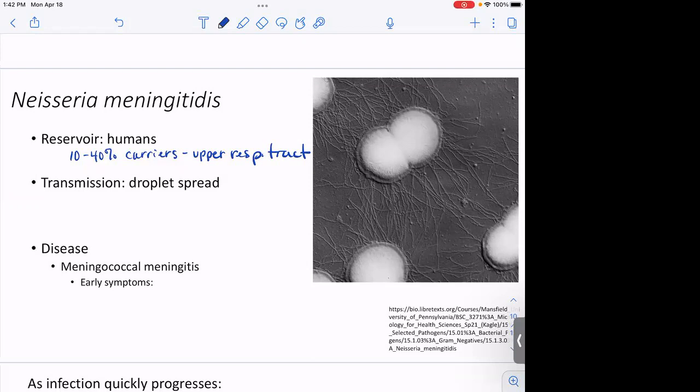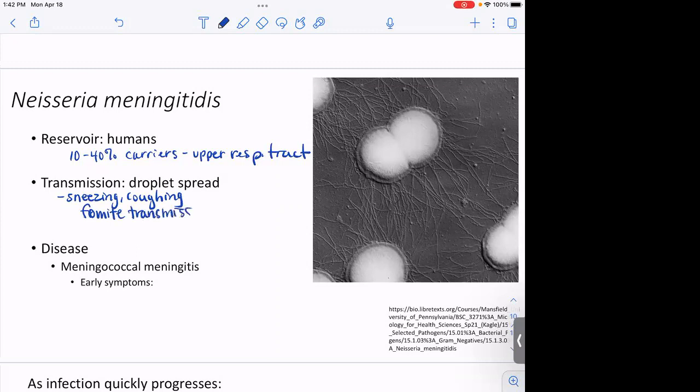But we are just humans passing it around to other humans. It's droplet spread. Remember, that's close contact, closer than a meter away, usually things like sneezing, coughing, or some kind of fomite transmission.